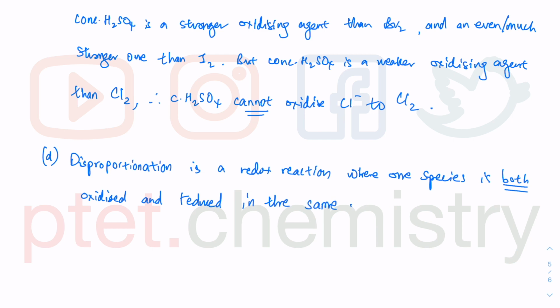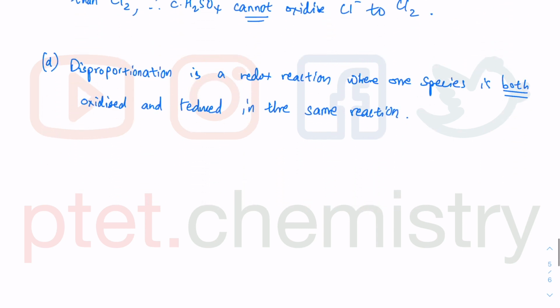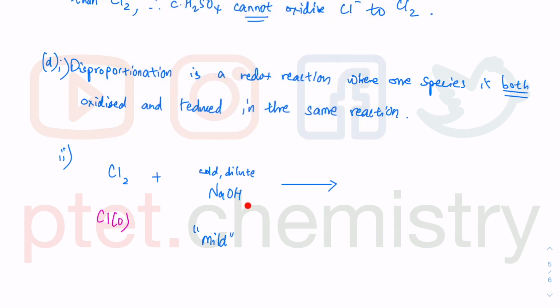Another classic disproportionation is basically the next question, where they ask you for equations between Cl2 and cold dilute NaOH. This is a non-extreme condition. This is considered mild disproportionation, and this is chlorine 0. Chlorine 0 in aqueous solution will give you HCl and HClO.